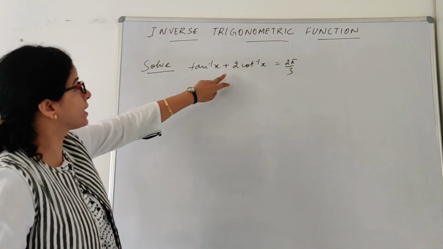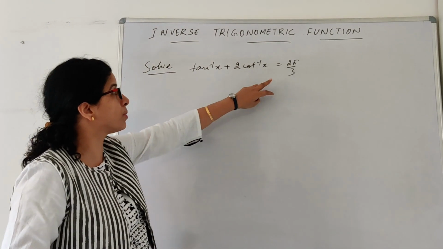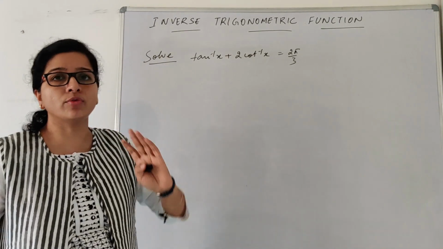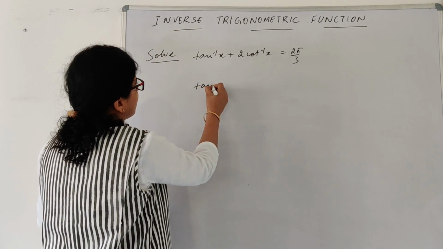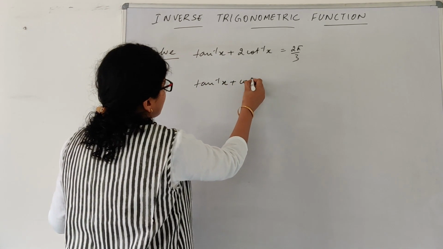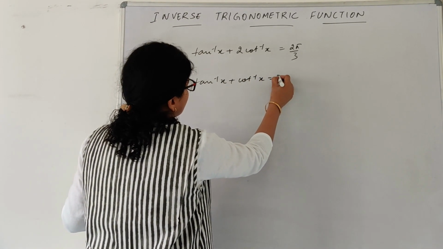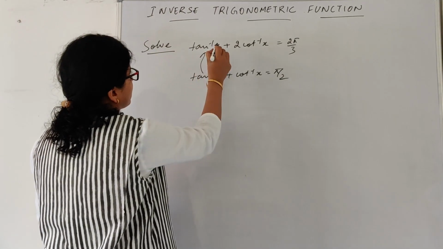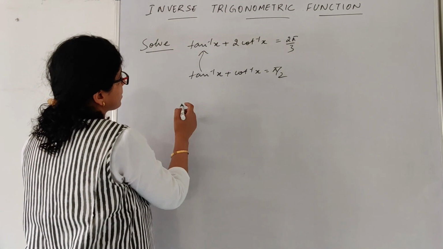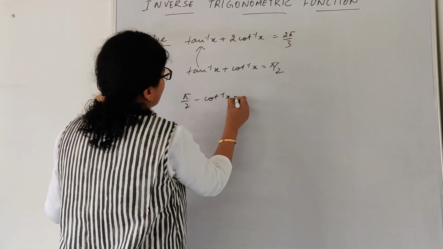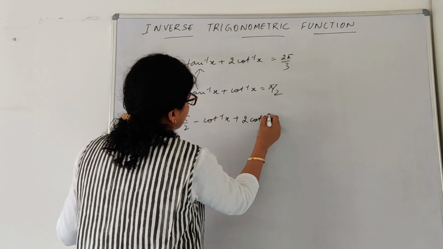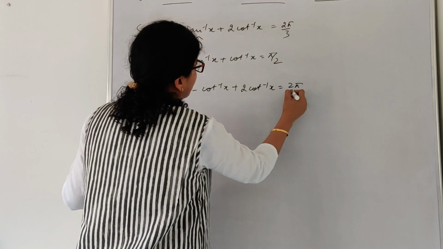Solve tan inverse x plus 2 cot inverse x is equal to 2 pi by 3. Whenever it is written solve, it means we have to find the value of x. So now I can write tan inverse x plus cot inverse x is pi by 2. I can substitute the value of tan inverse x. So pi by 2 minus cot inverse x plus 2 cot inverse x equals 2 pi by 3.